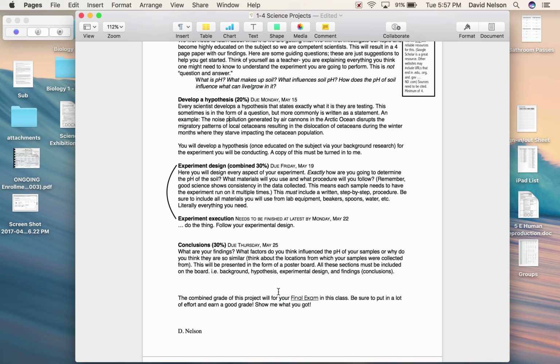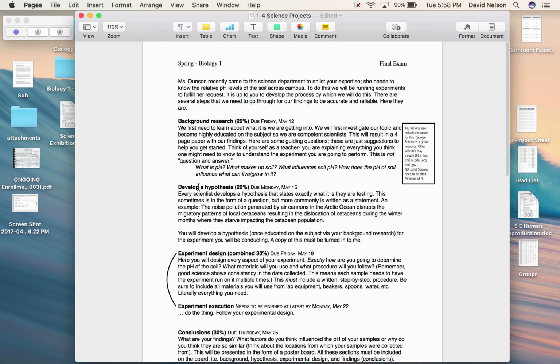You'll have to have a board that tells us a little bit about your background information, the hypothesis that you came up with, what your experimental design was. So how did you do your experiment? And then also the bulk of it will be your findings, the conclusions, what data you collected from doing your experiment. So again, this is going to be for your final exam. So make sure you put in plenty of effort.